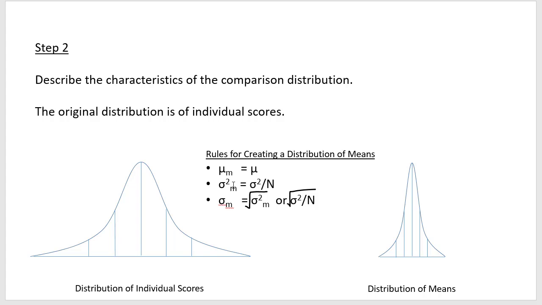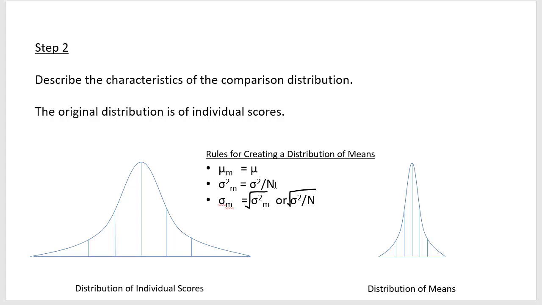Then once we have the variance of the distribution of means, we can find the standard deviation of the distribution of means by taking the square root of what we found in the second rule. So we take the square root of the variance, just like we did when we did standard deviation from chapter 2. We take the square root of the variance of the distribution of means, or the square root of the variance of the population divided by n, which is the same thing, right?